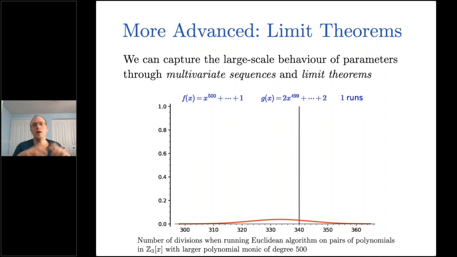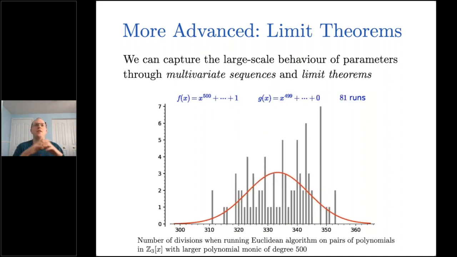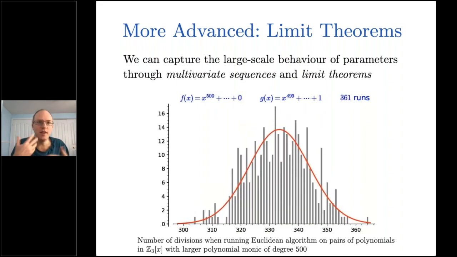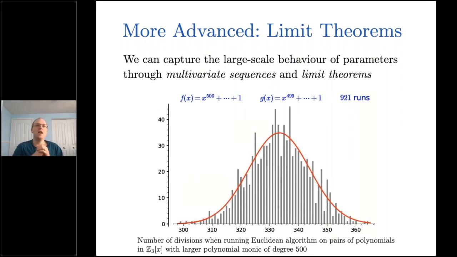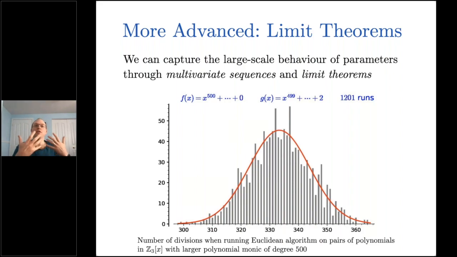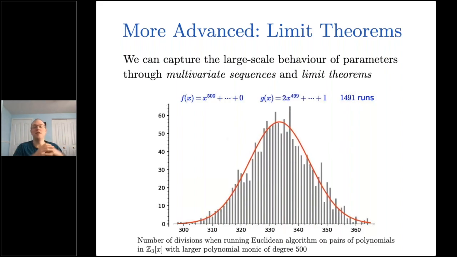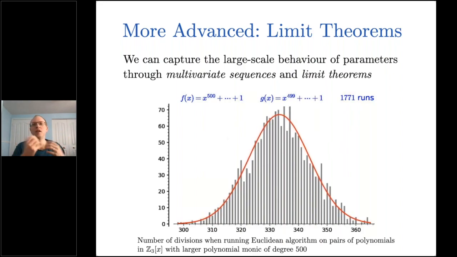If you run the Euclidean algorithm on random pairs of polynomials and track how many divisions you do when you compute this GCD, and in this case, I'm working with polynomials whose coefficients are reduced to always lie in 0, 1, or 2, then as you run it on more and more pairs of polynomials, you see that over time you scale to something that also looks like a normal distribution. So these limit theorems are cool and interesting, but they also tell you something about the computation or the cost of running the Euclidean algorithm and what it looks like in the long run.